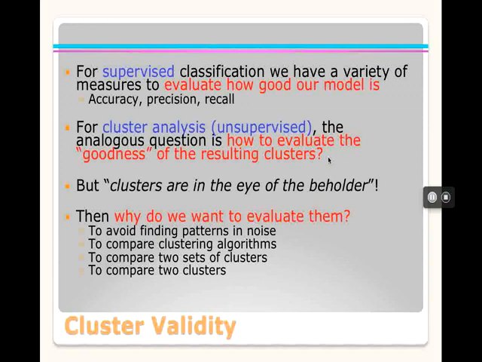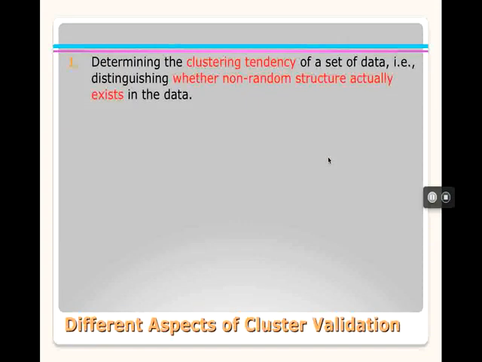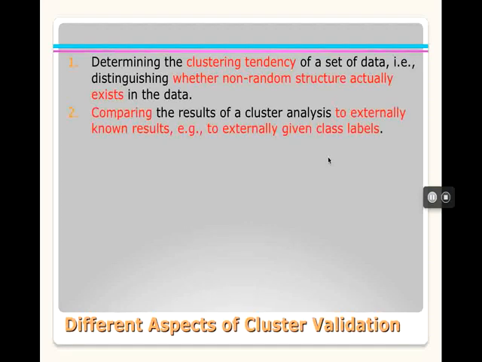So you're the one who decides if the clusters are good enough or not. There are different aspects of cluster validation. We have to determine the clustering tendency of a set of data, for instance, distinguishing whether non-random structure actually exists in the data. This is a very difficult question.